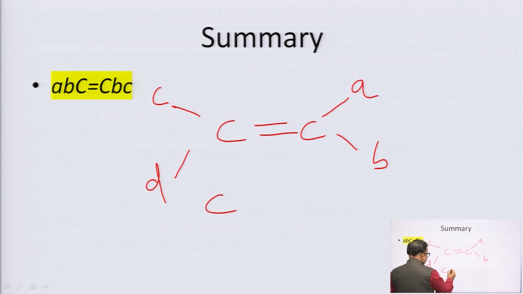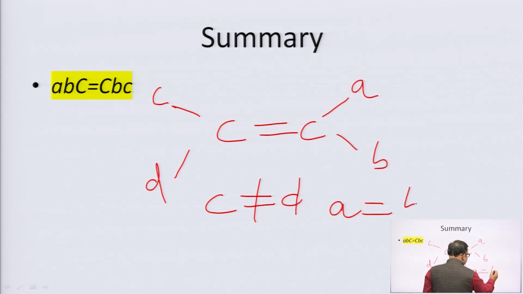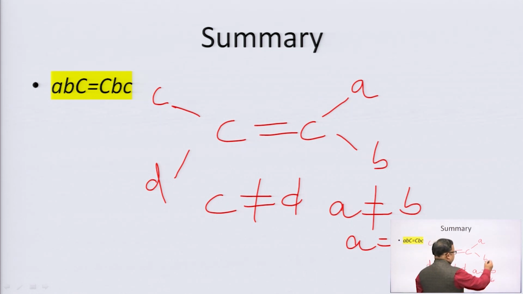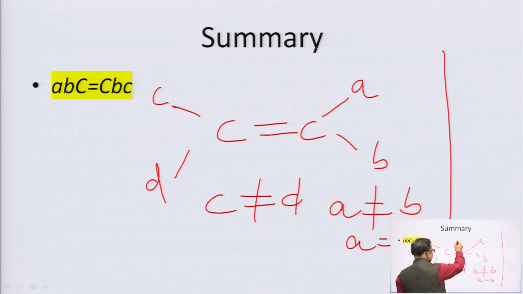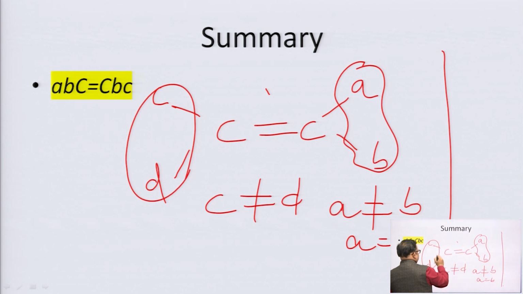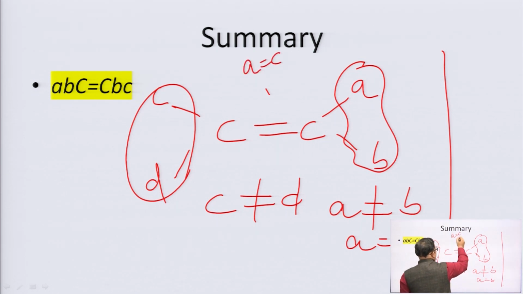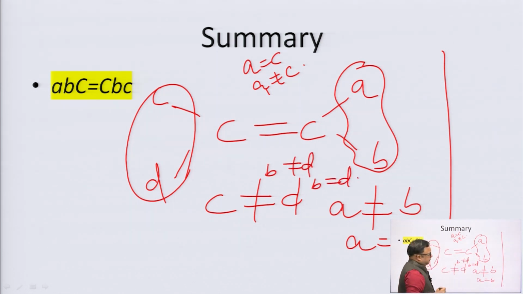Now, the condition is that C or D can be same or cannot be same, and similarly A or B can be same or cannot be same. So, these 2 atoms should not be same, but A or C can be same or cannot be same. Similarly, B or D, they can be same or they cannot be same. So, to exhibit geometrical isomerism, the compound must have these two conditions.